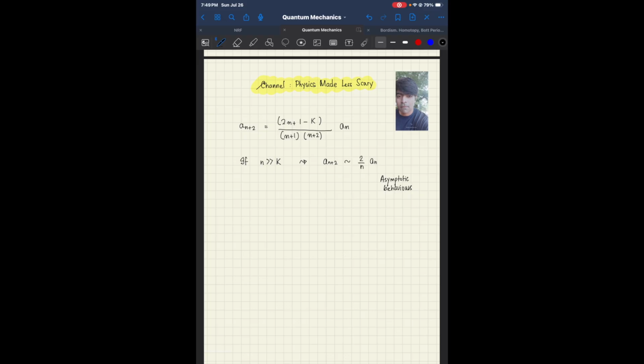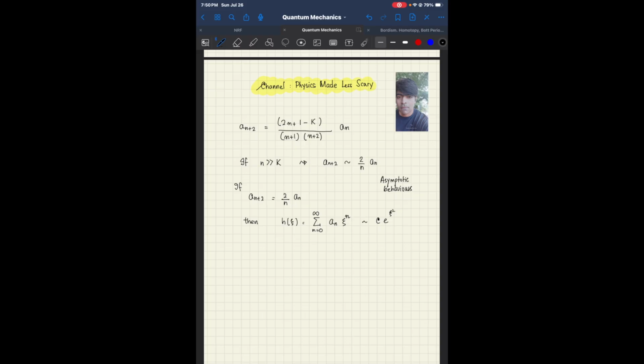Well, if you imagine your an plus 2 is equal to 2 by n an, then your h psi, which is basically the sum over n equal to 0 to infinity of an xi to the n, behaves like some constant c times e to the power xi square.